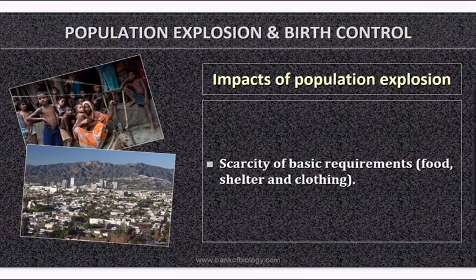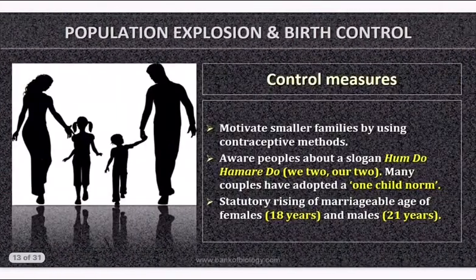Basically, whenever population explosion takes place, 100% it directly affects natural resources such as food, water, land, all that. So there will be scarcity of basic requirements. There will be food shortage. There will be great difficulty in getting shelter, and clothing will be a problem.